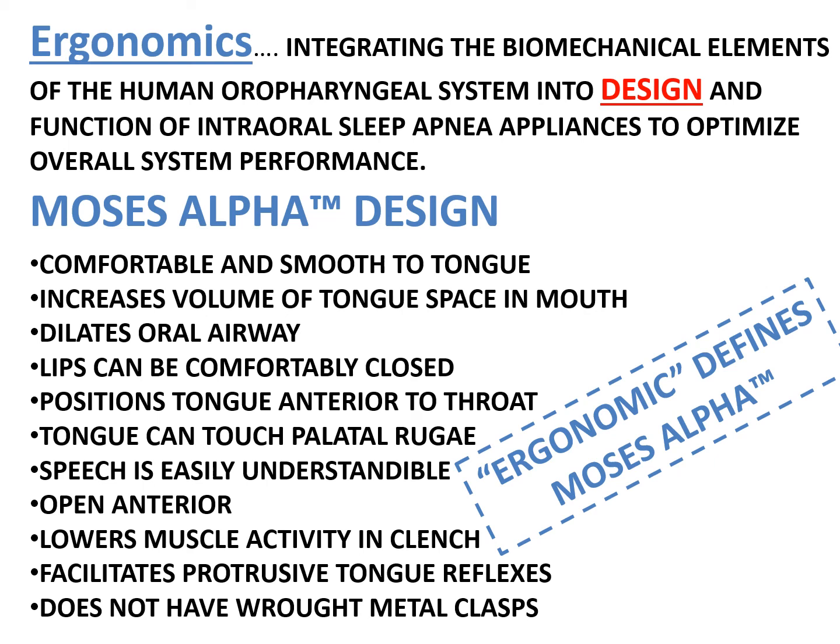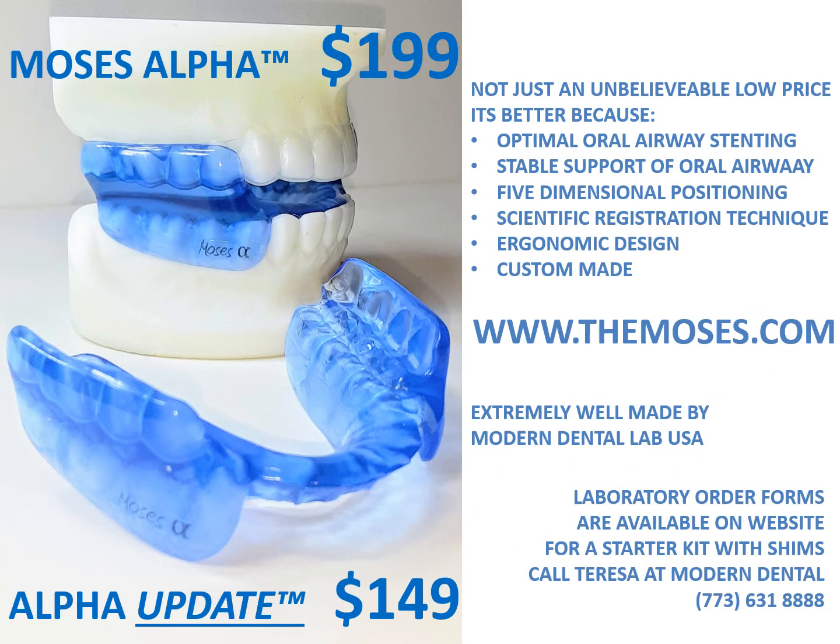We have an open anterior so you can get the tongue to the lips. Lowers muscle activity in a clench. Facilitates protrusive tongue reflexes, and importantly is that it does not have wrought metal clasps, which we all know cause tooth movement. Ergonomic, the word ergonomic defines the Moses Alpha.